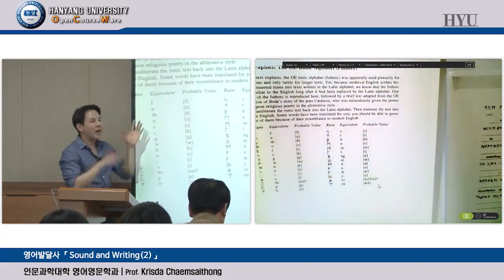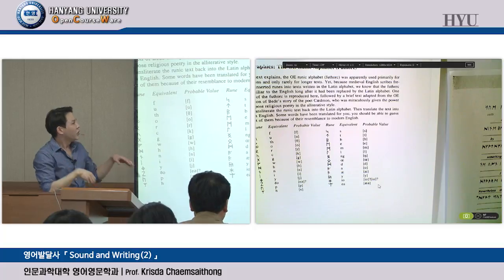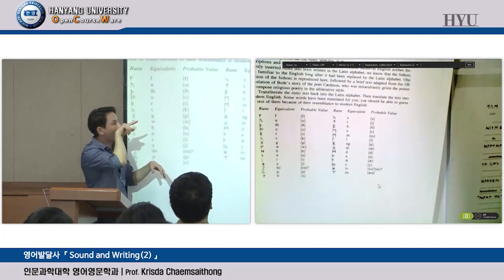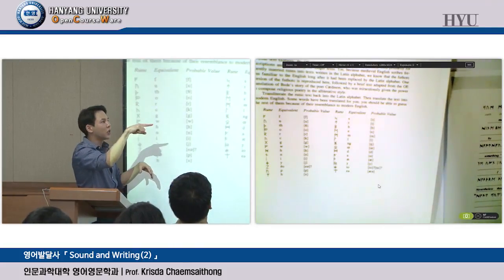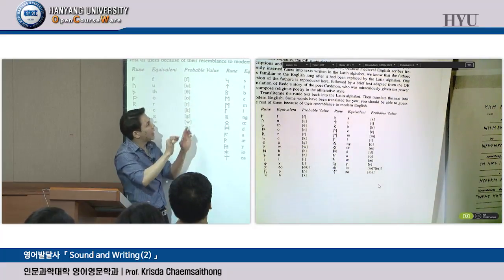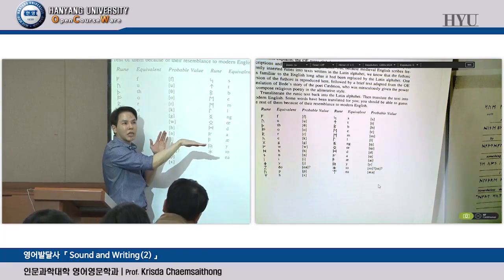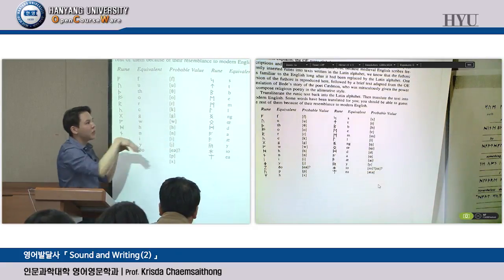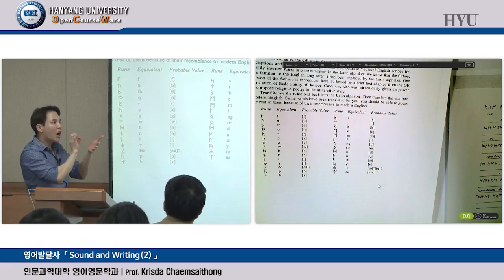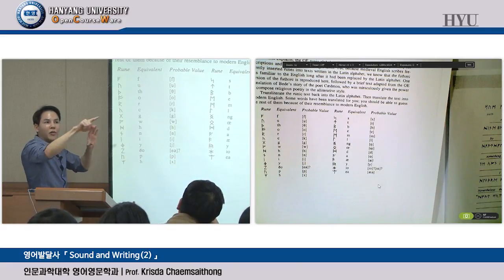And they use this for carving on stone or carving on wood, right? And you would see that there is no horizontal stroke. Only vertical stroke and slanted stroke, but no straight horizontal stroke like this. Why? Because if you imagine wood, if you carve onto wood, it has grain, right?